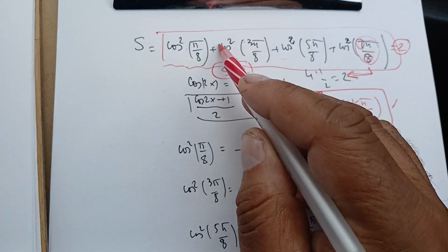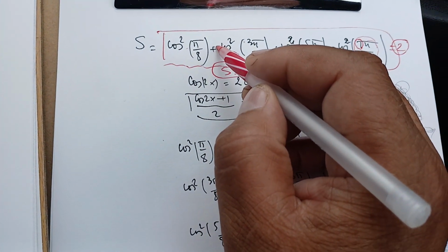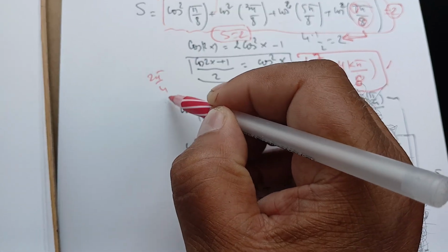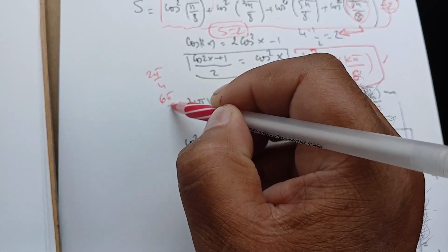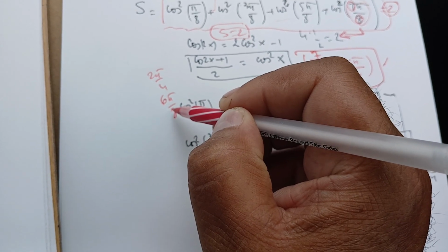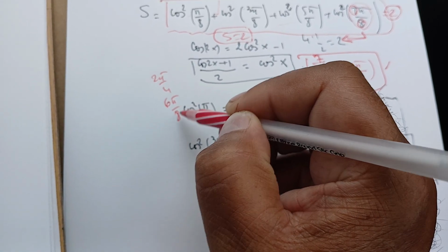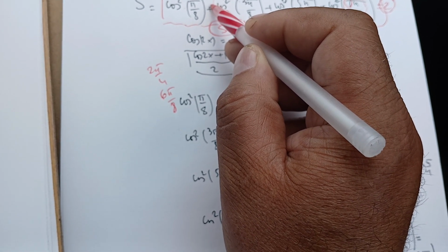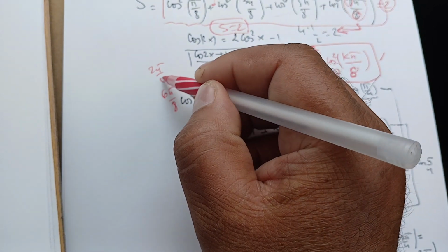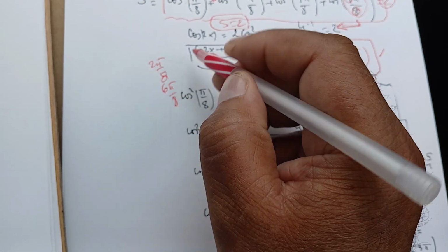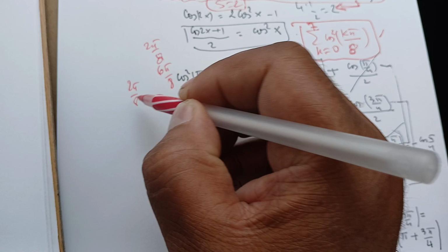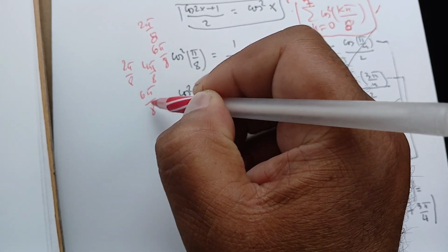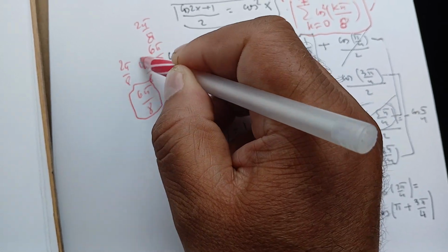But we missed some elements here. We missed 2 pi over 8, 4 pi over 8, and 6 pi over 8.